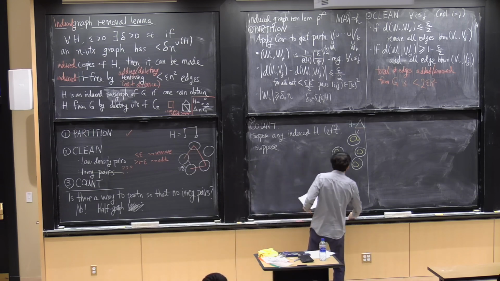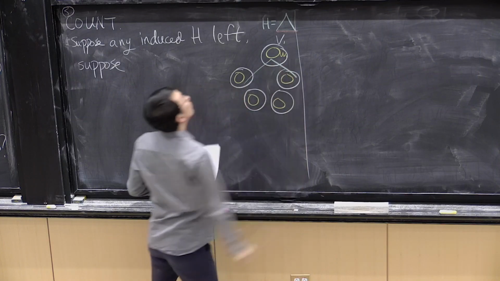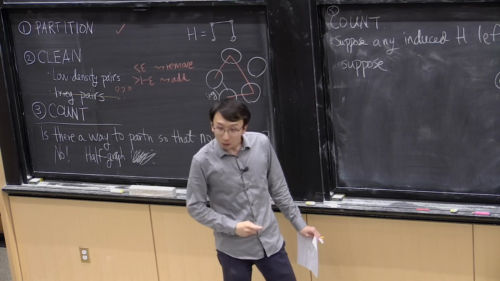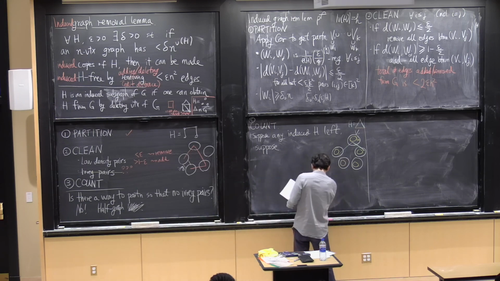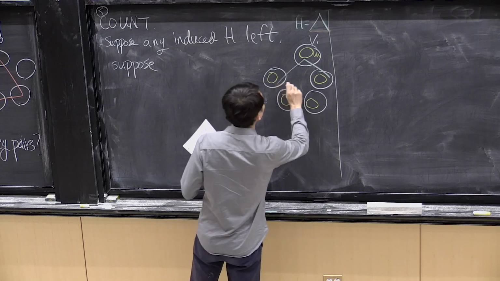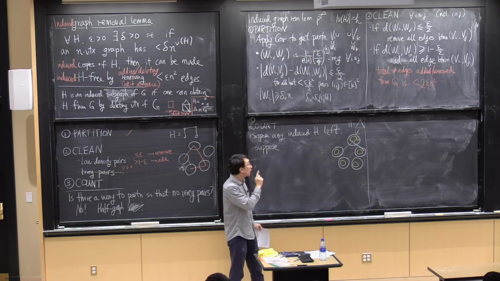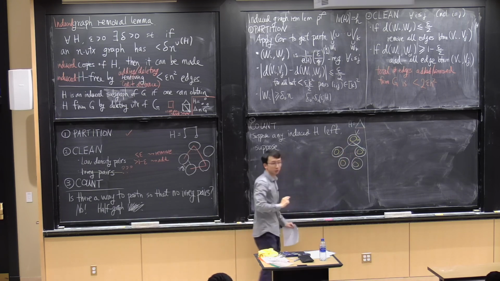Where can this copy of H sit? Suppose you find it here. The claim now is that if this copy of H existed here, then I must be able to find many such copies of H in the corresponding yellow parts.